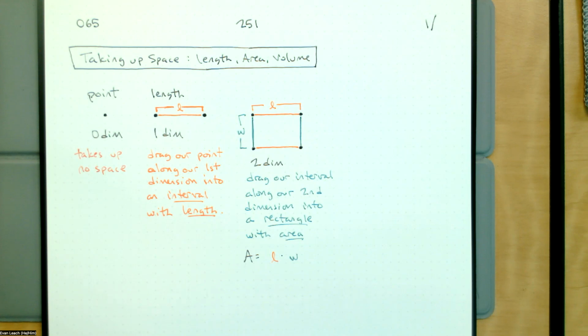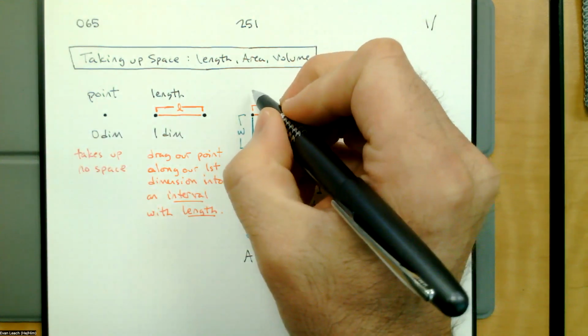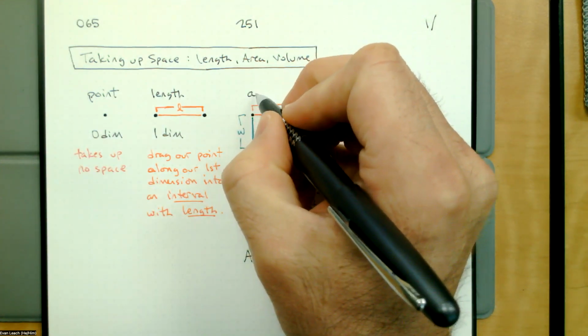This is why we have square units: square feet, square meters, square centimeters. Because it's centimeters times centimeters, and when we multiply things, we square them. That's why it makes sense that the area is the length times the width. And so now we have area. We get area by dragging length through a second dimension.